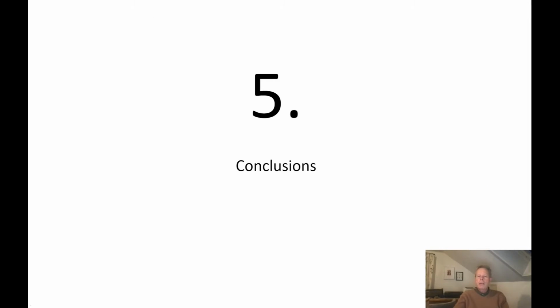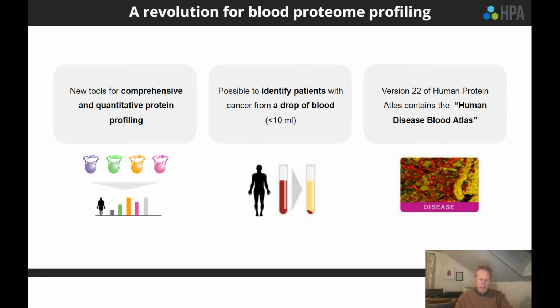So with that, I just want to conclude and summarize and say that we have fantastic new tools for comprehensive and quantitative profiling. There is a possibility, we think, to identify patients with cancer from just a small drop of blood.